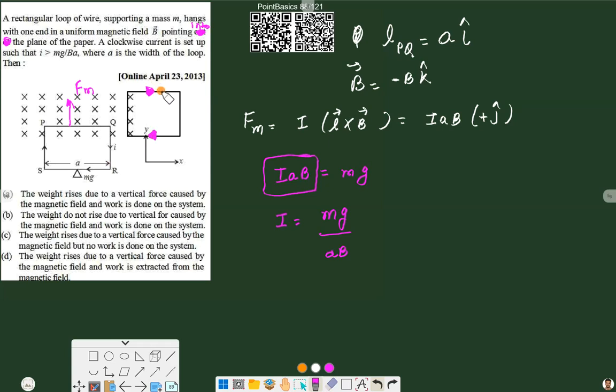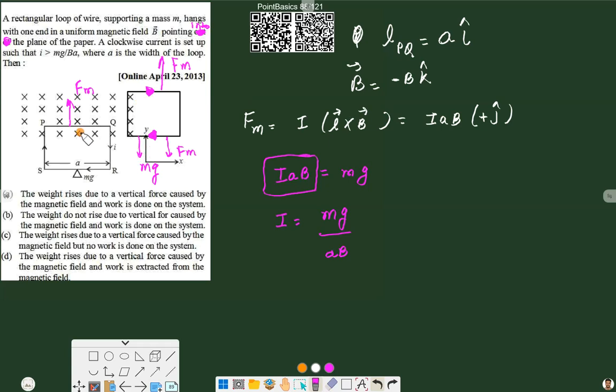So now here we will have Fm acting upward, and here we will have Fm acting downward, and we also have mg here. So now what will happen? This will start moving downward, and as it starts moving downward, again the lower part comes out of the magnetic field, and again the upward force becomes greater, so it will again start moving upward. So it will start oscillating after the whole loop reaches into the magnetic field.